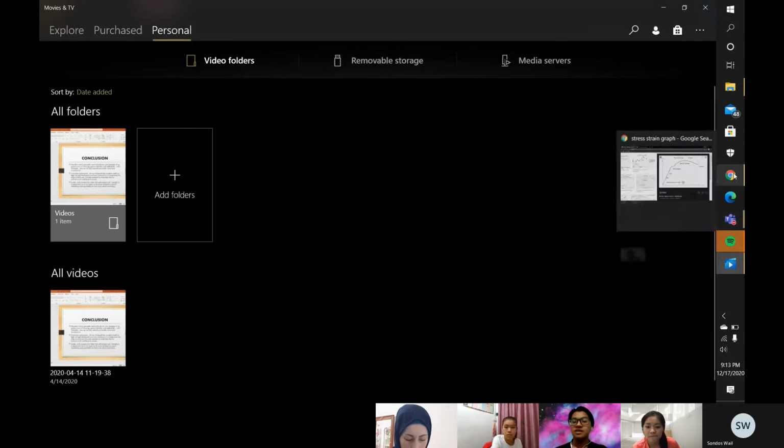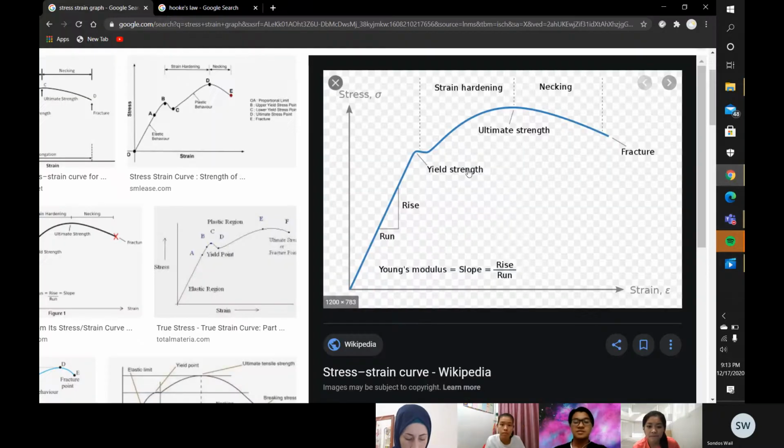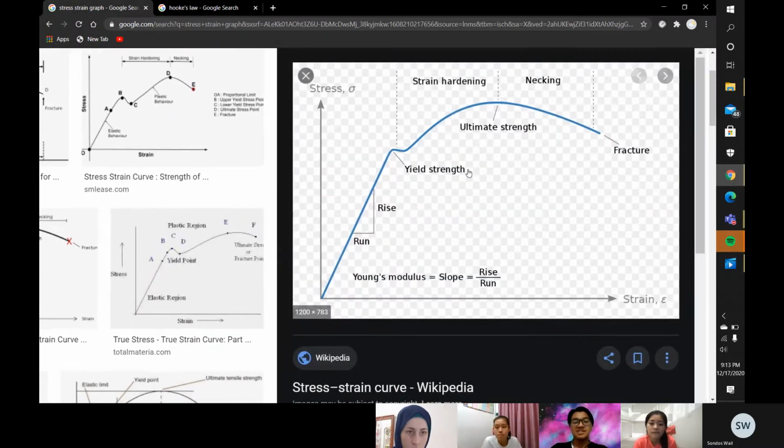So for the graph diagram, the strain and stress diagram, we have two regions: the elastic region and the plastic region.